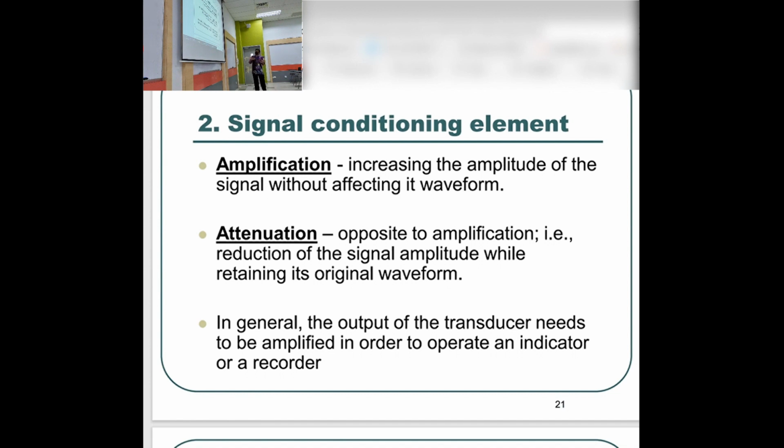Same with the attenuation, just opposite to amplification. We reduce the signal. Actually attenuation is easy, because whenever we attenuate the signal, it only affects the amplitude. But when we amplify the signal, the problem is we also amplify the noise. That's a problem.